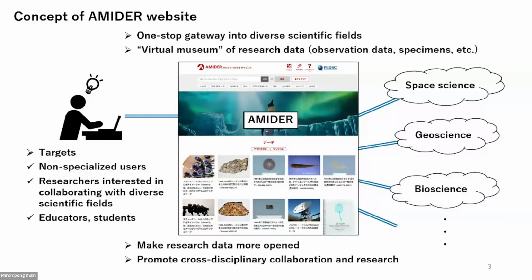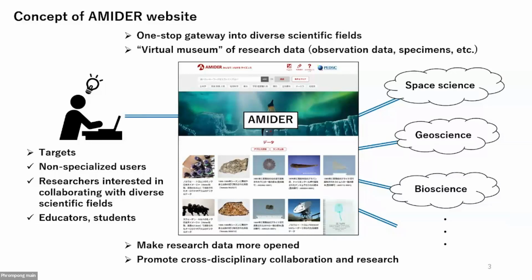So I think making the data open is already common, especially in environmental study, such as earth science and space science. We are just working on how to promote the data.